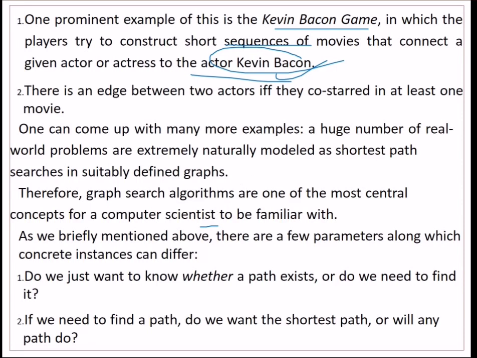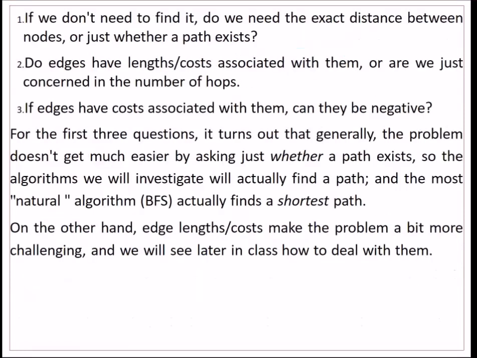And as we just briefly mentioned above, there are a few parameters along which concrete instances can differ. For example, do we just want to know whether a path exists or do we need to find it? If we need to find a path, do we want a shortest path or will any path do?